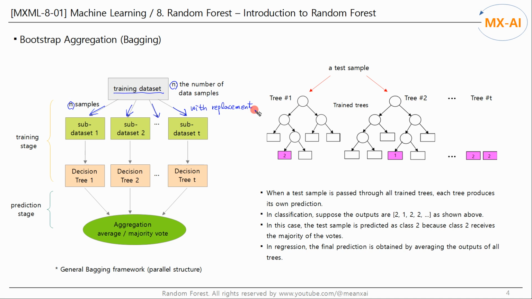In practice, the sub-dataset size could be smaller than n, but in standard bagging, the Bootstrap sample size is usually the same as the size of the original training dataset. Next, we train a separate model on each sub-dataset.